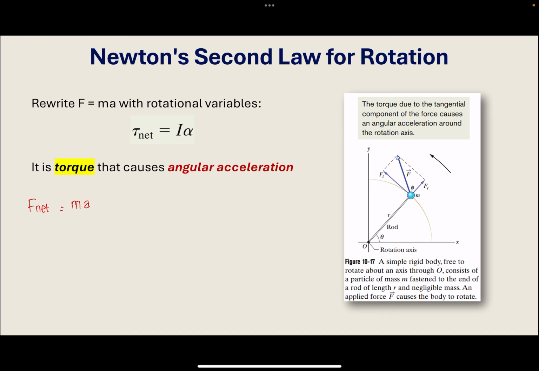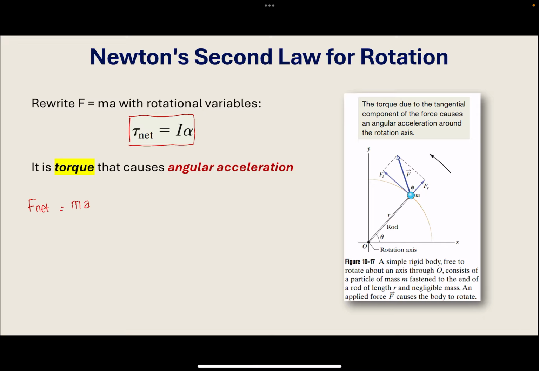For rotational motion, we simply replace linear quantities with rotational ones, using this one. This is the rotational form of Newton's second law. It tells us that net torque plays the role of force, moment of inertia plays the role of mass, and angular acceleration plays the role of linear acceleration. In other words, torque causes angular acceleration, just as a force causes linear acceleration.